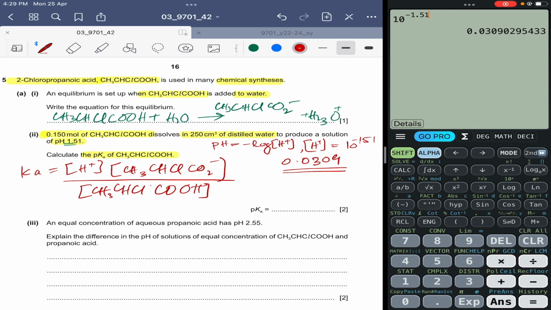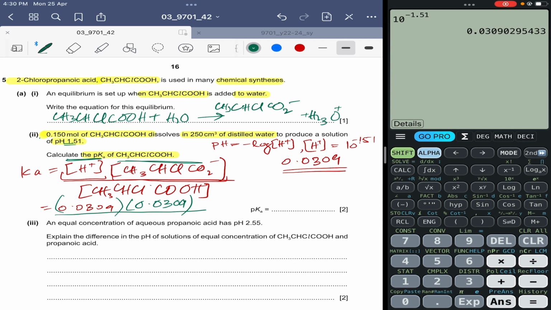The concentration of H+ ion we have just calculated, that is 0.0309. And in a weak acid solution, whatever the concentration of H+ ion, the concentration of the negative ion would be the same in a monobasic acid solution. So we have 0.0309, and the concentration of the negative ion would also be 0.0309, divided by the concentration of weak acid.